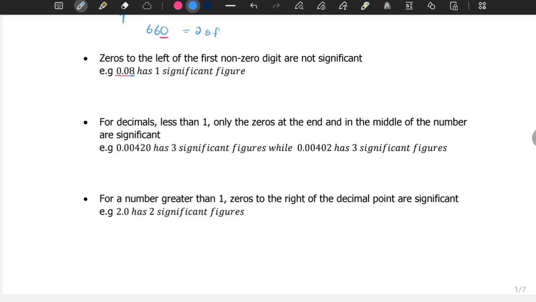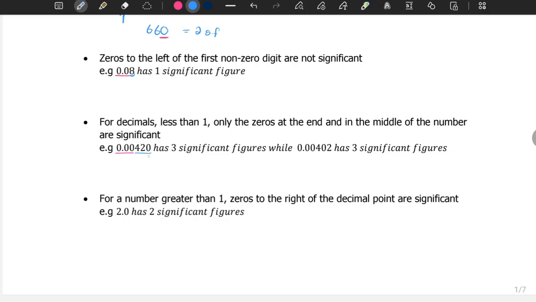And then the next rule says, for decimals less than 1, only the zeros at the end and in the middle of the number are significant. So again, when we look at 0.00420, these 3 zeros are non-significant because they are on the left of the first non-zero digit, which is 4. And then we have 420.